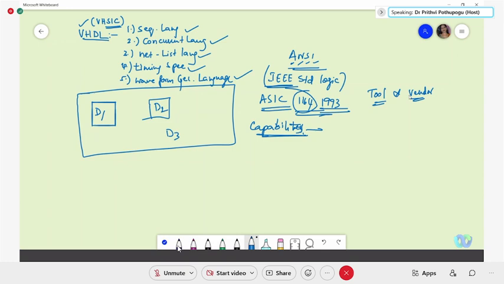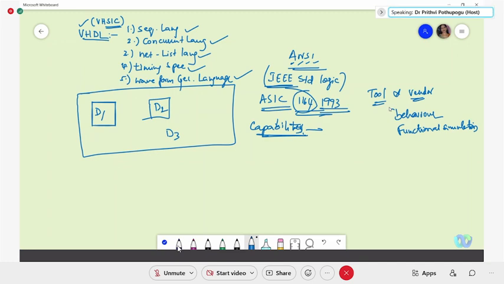That means you are trying to see the behavior of your design before going for the physical thing. That means you will be doing functional simulation. How your design behaves for the combination of inputs can be evaluated. So this becomes a communication media. Your VHDL programming becomes a communication media between your CAD and CAE tools.